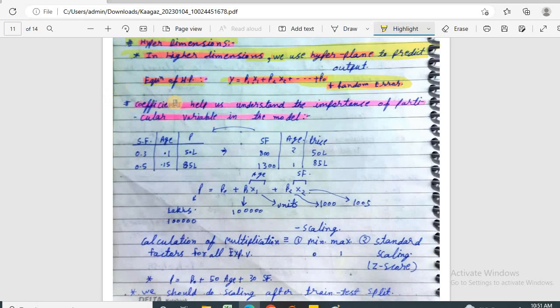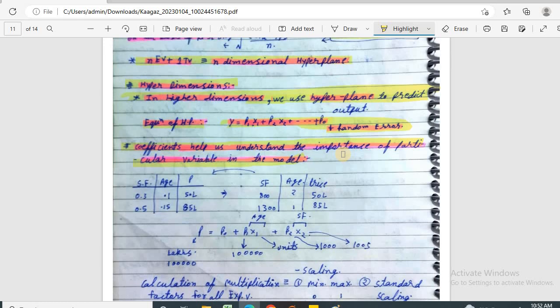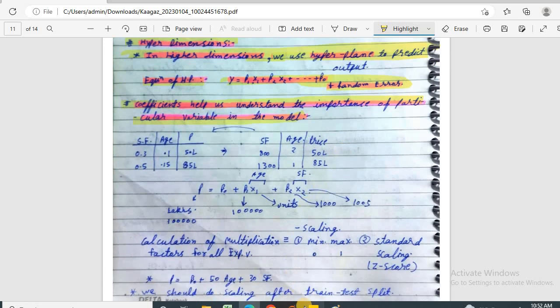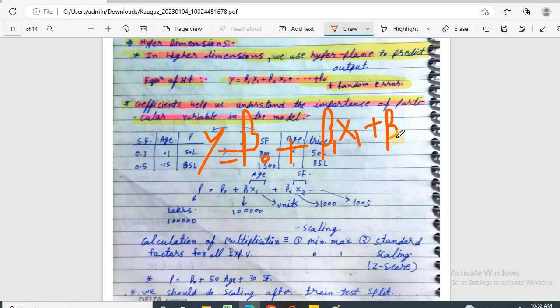So what do coefficients basically do? Coefficients help us understand the importance of a particular variable in the model. Like y equal to beta naught plus beta 1 x1 plus beta 2 x2.